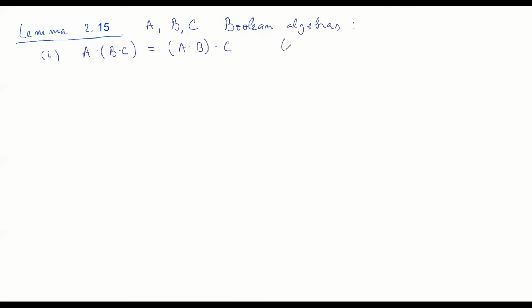The second property is A times (B plus C) is A times B plus A times C, and this is obviously about distributivity.